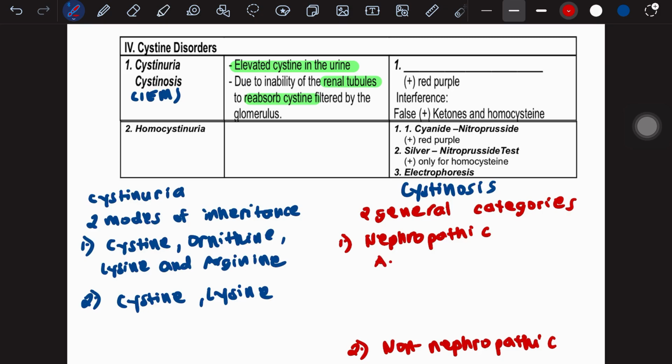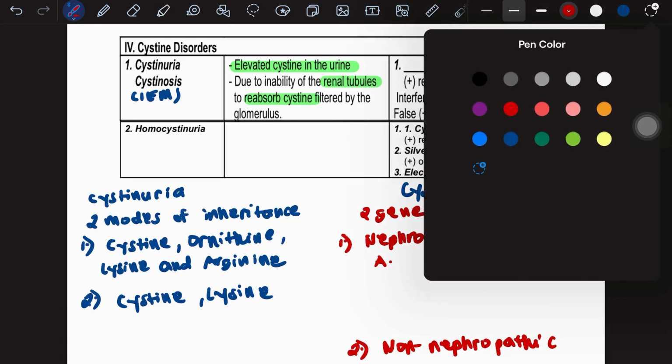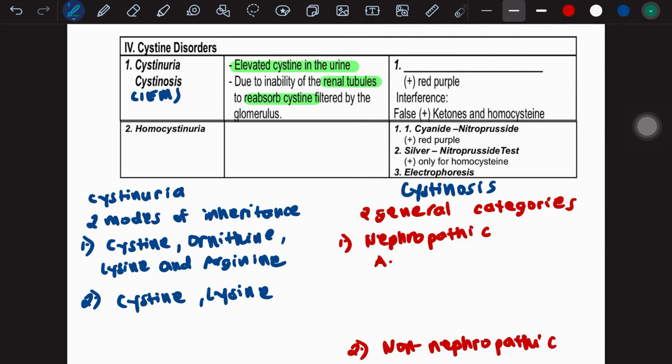So for your nephropathic, we will change the color. It can be infantile. So in infantile, there is a rapid progression to renal failure. Rapid progression to renal failure.